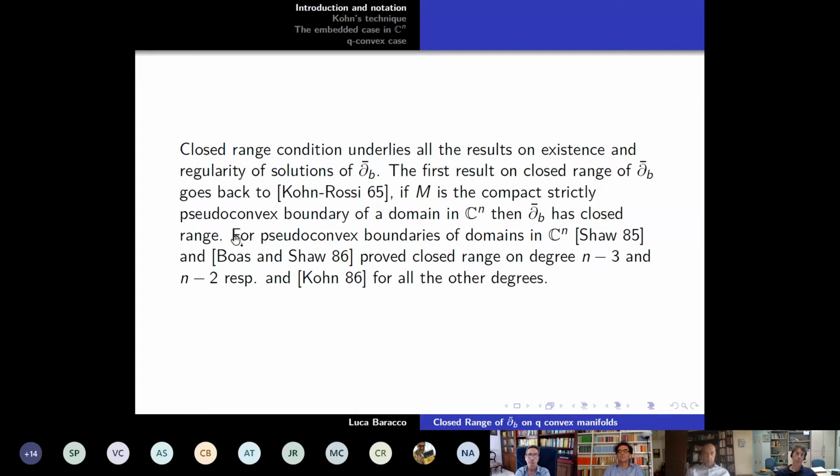Now, for general pseudo-convex boundaries of domains in C^n, Shaw and Boas both proved closed range in degree n-3 and degree n-2. And finally, Kohn in '86 proved that the d bar B has closed range in all other degrees.